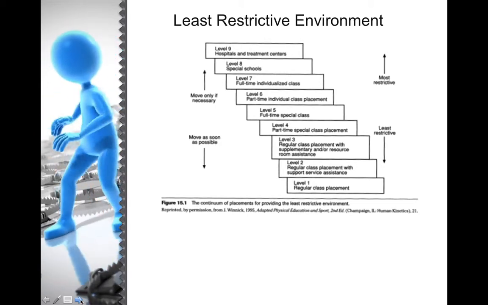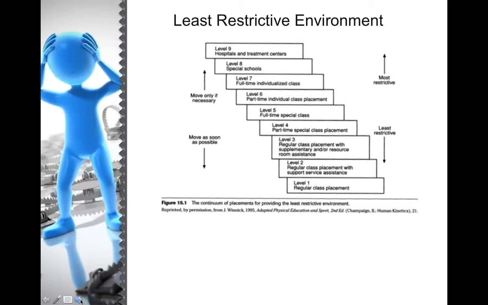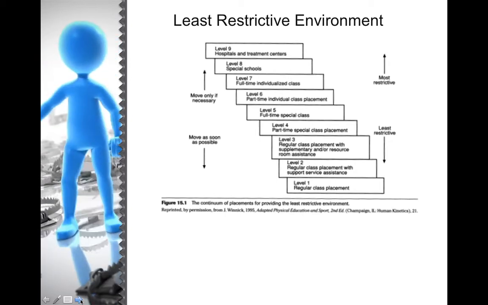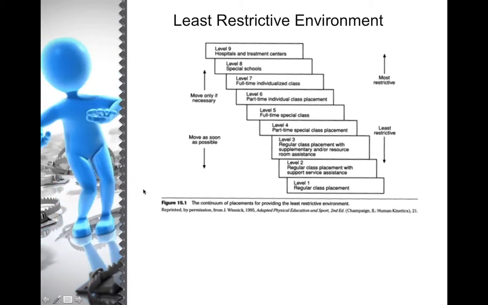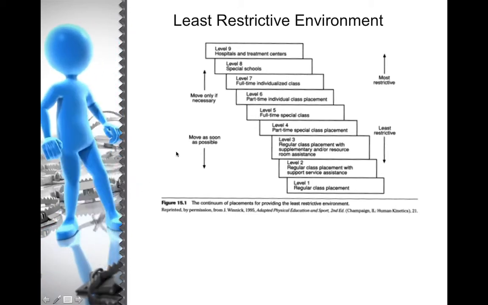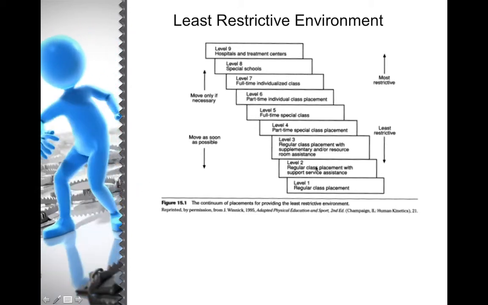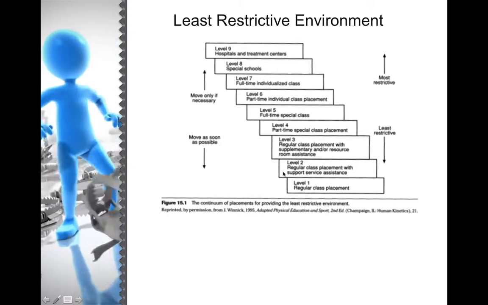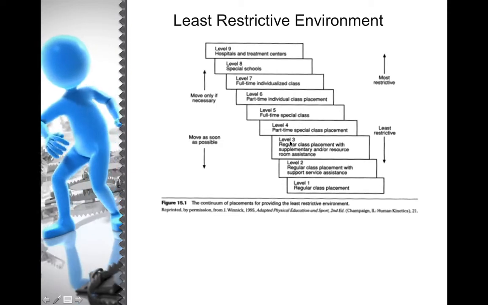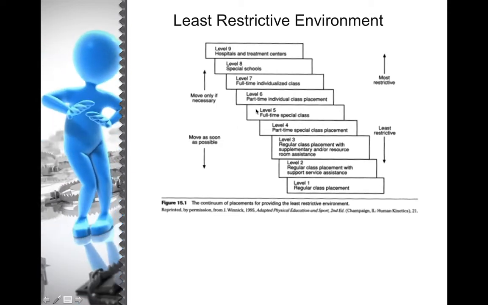Every school district in America must offer a continuum of placements so the child can be educated in their least restrictive environment, whether it's a regular class and full inclusion. Maybe they perhaps need pull-out. Maybe they need a full-time special class.